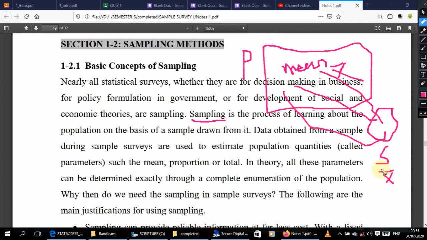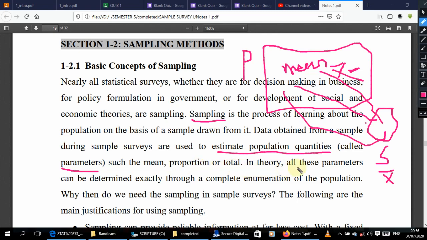The value you calculate from a sample is called a statistic. And the thing you use that statistic to estimate, the capital X bar, is the parameter. So data obtained from a sample during a sample survey are used to estimate population quantities, called parameters, such as the mean, population proportion, or total.